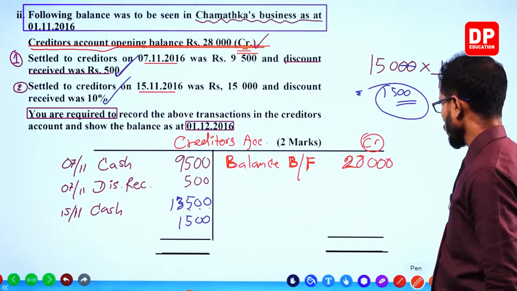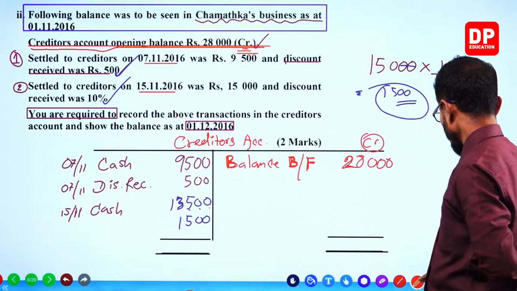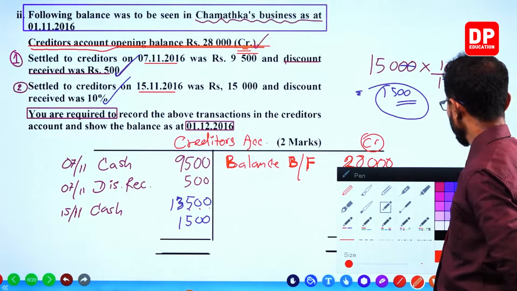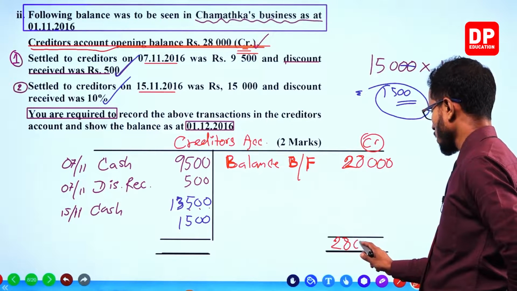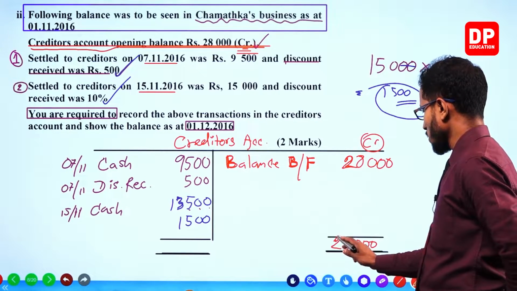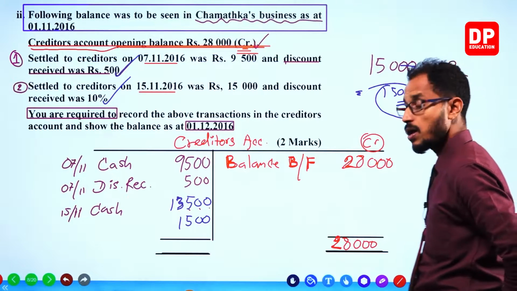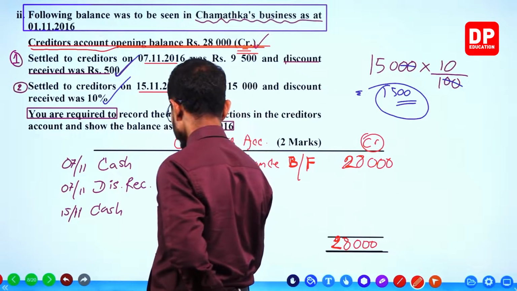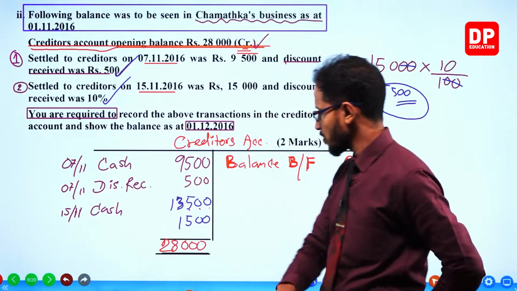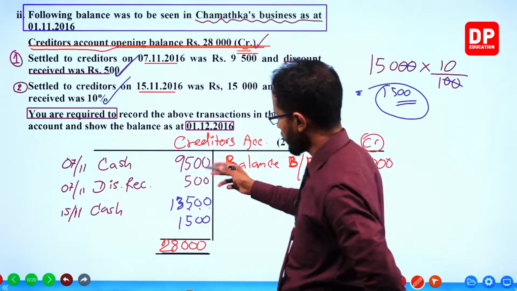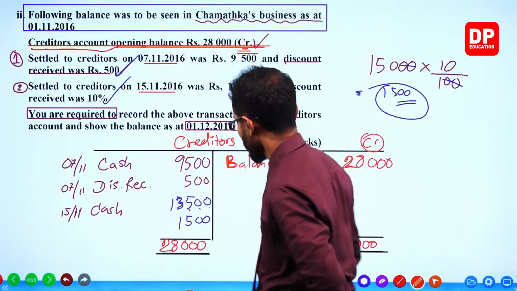And get the total. 28,000 is the total on the credit side. Credit side total is the greater total. Put that total, the sum, on both sides, 28,000. Now subtract the debit side total.